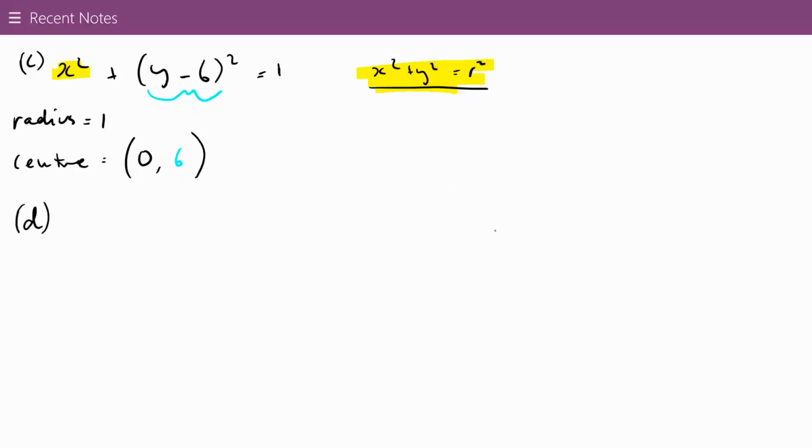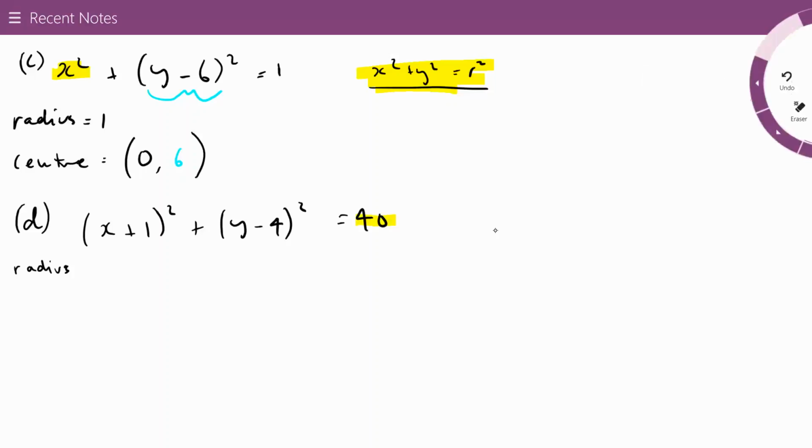This is the last one. (x plus 1) squared plus (y minus 4) squared equals 40. So it's definitely not going to be at the origin here. It's in this form. Let's think about the radius first. So here, 40. Is anything squared 40 in this case?